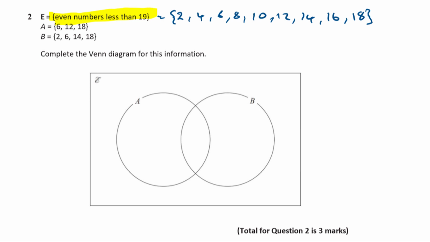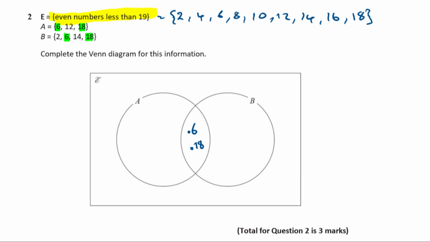Okay, taking a look at sets A and B, you can see that they've got 2 elements in common, haven't they? I've got a 6 that's in both, and an 18 that's in both. Okay, so those 2 elements belong in the center, in the intersection of these 2 sets. So the 6 belongs here, and the 18 belongs in the middle as well.